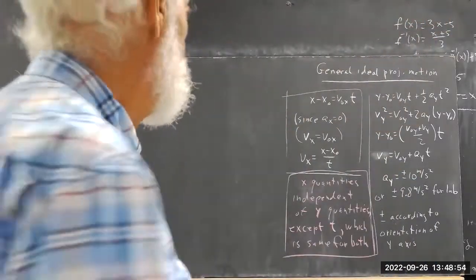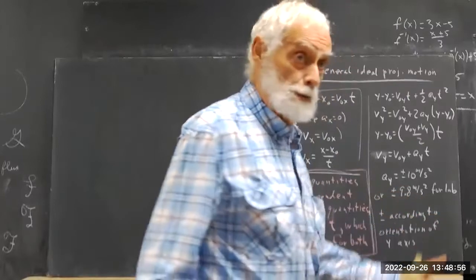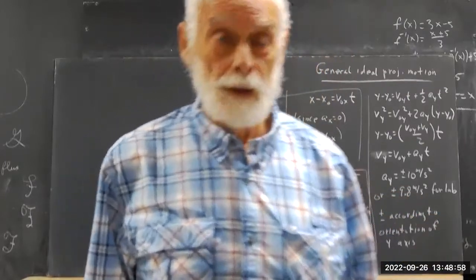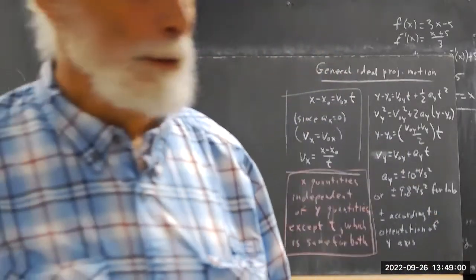So if you find t on one side, you get t on the other. Now I'm just going to give you a little prelude just so you know what to dread.